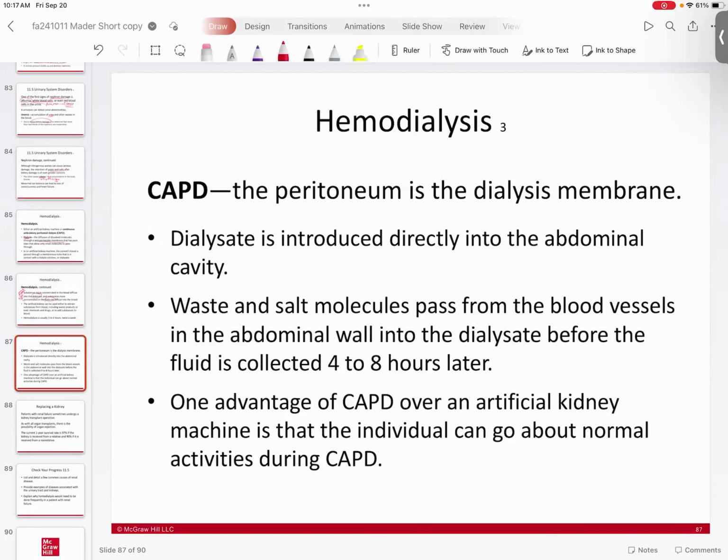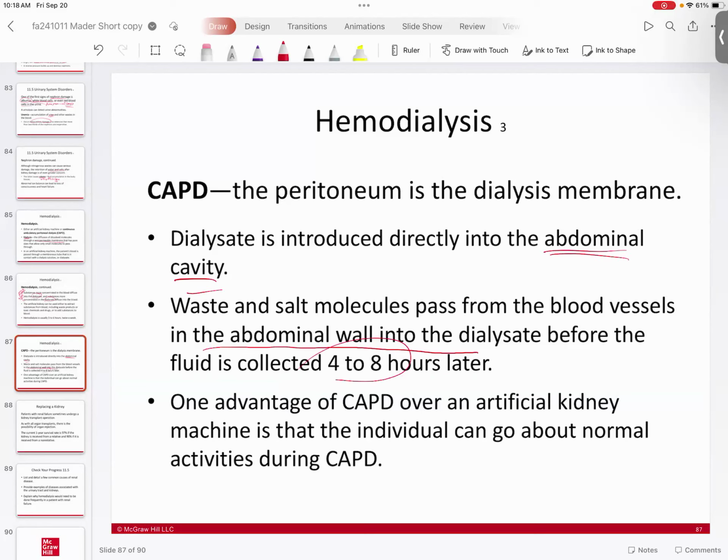The CAPD, right, the peritoneum dialysis, this is basically where the dialysate is introduced directly into the abdominal cavity. And then the waste and the salt molecules of the blood vessels will basically pass through the abdominal wall, through the peritoneum, into the dialysate before the fluid is collected about 4 to 8 hours later.